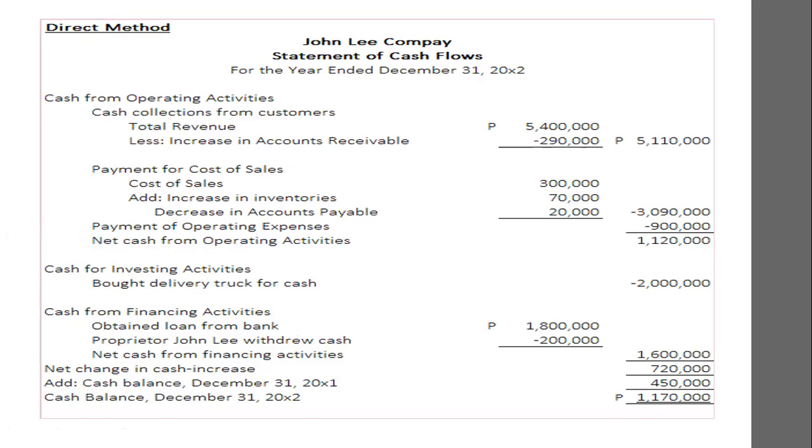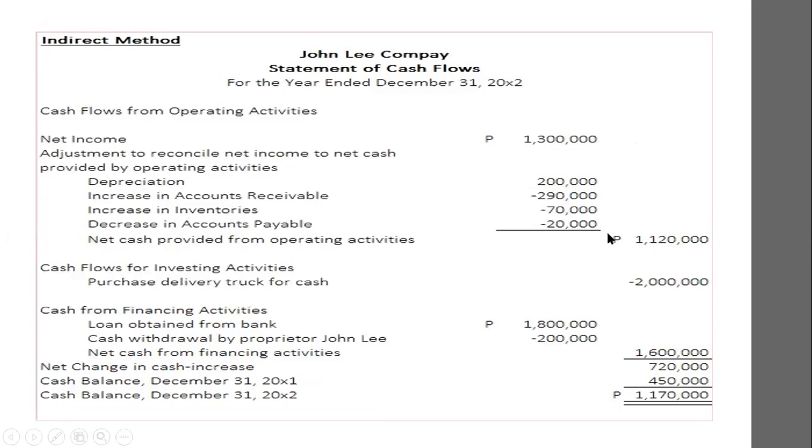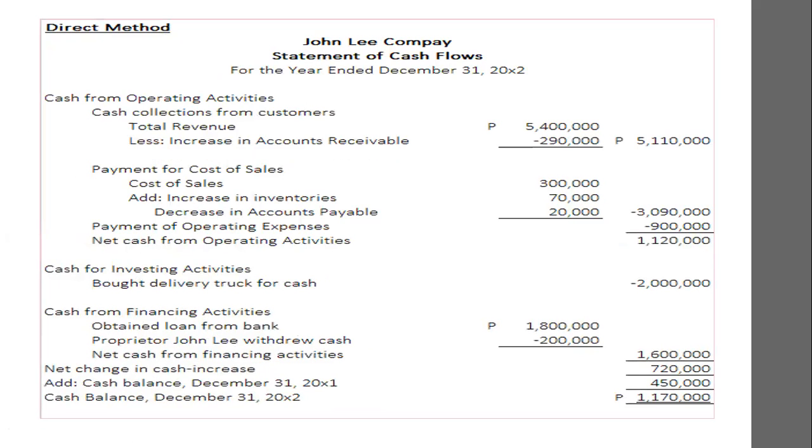So, you need to determine kung nag-increase po ba or nag-decrease yung cash. Kaya po nandiyan yung mga symbols na yan, yung negative na yan. And aware naman tayo na pag positive sign, hindi na pinapakita sa tabi ng numbers. Matik po yan na positive yung number. Nag-increase po siya.